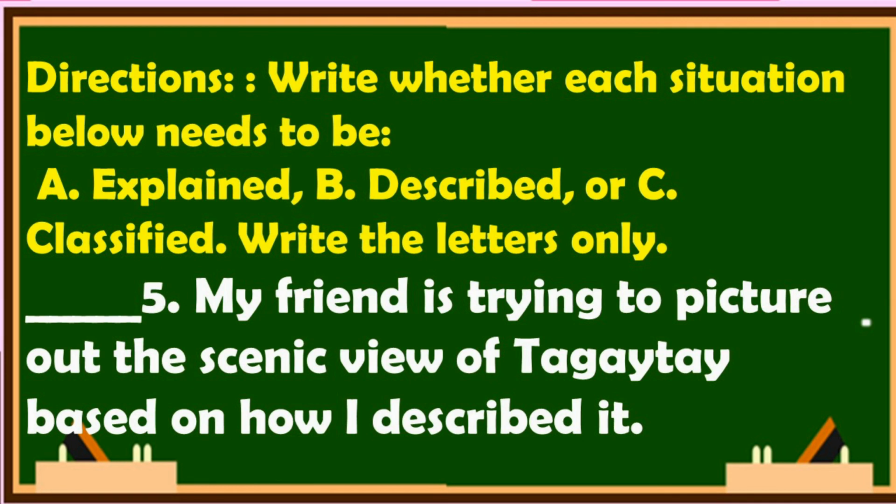Number 5. My friend is trying to picture out the scenic view of Tagaytay based on how I describe it. What do you think is the correct answer? Yes, the correct answer is letter B, described.